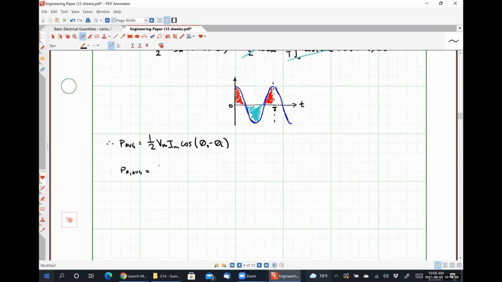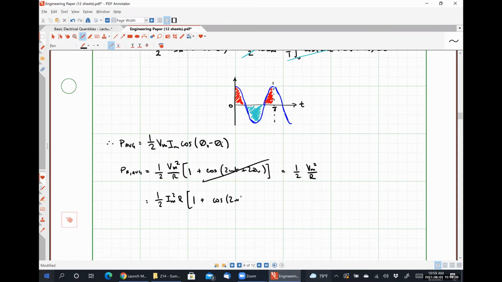Our instantaneous power was of the form 1/2 VM squared over R times 1 plus cosine of twice omega t plus twice theta V. We throw away the AC portion and we're just left with 1/2 VM squared over R. Or we had our current based relationship, and again, we throw away the AC portion.